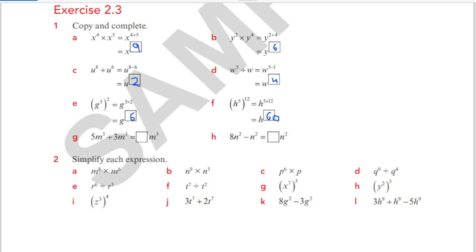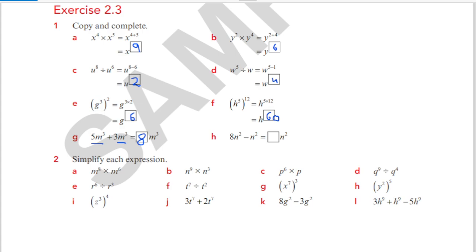And in part G, when we have constants with variables, we will add them. 5 plus 3 will be 8. We will not add the powers because these two expressions are not multiplying with each other.